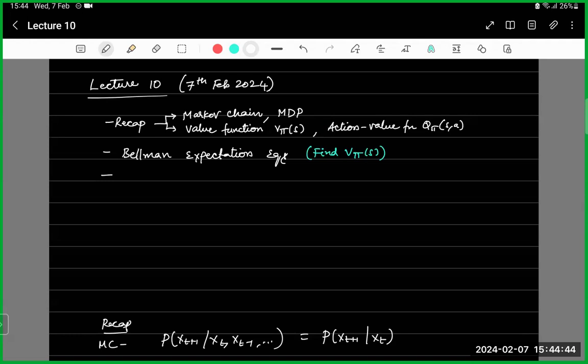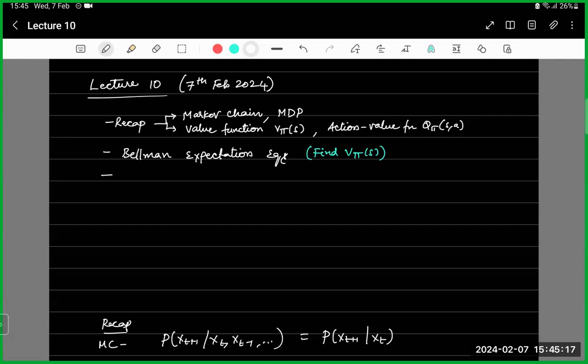Once we know how to define the performance of a policy, if you want to talk about an optimal policy, how do we define it? The performance of a policy is given by V pi, right? So what could be the definition of an optimal policy? A policy pi which maximizes V pi. We'll see the definition more carefully, because V pi is a vector, not a scalar.